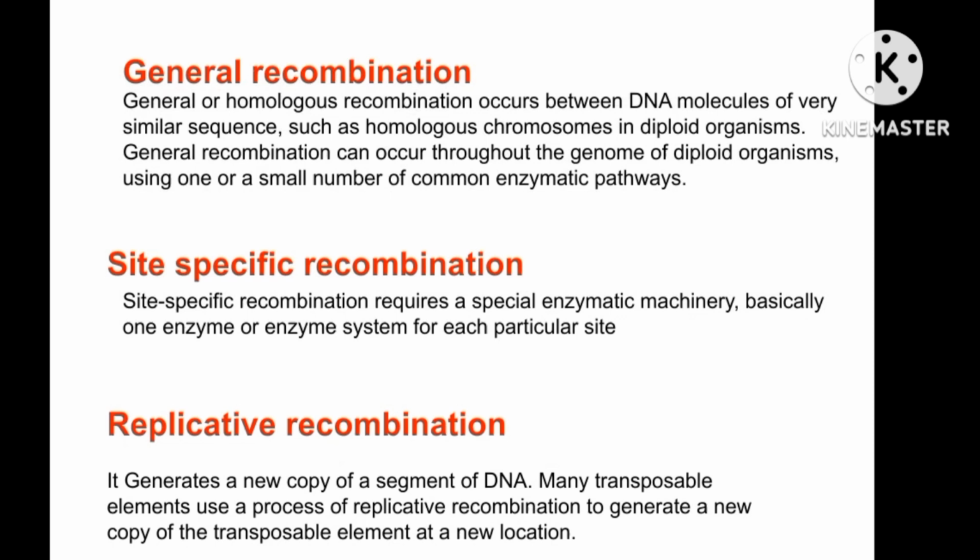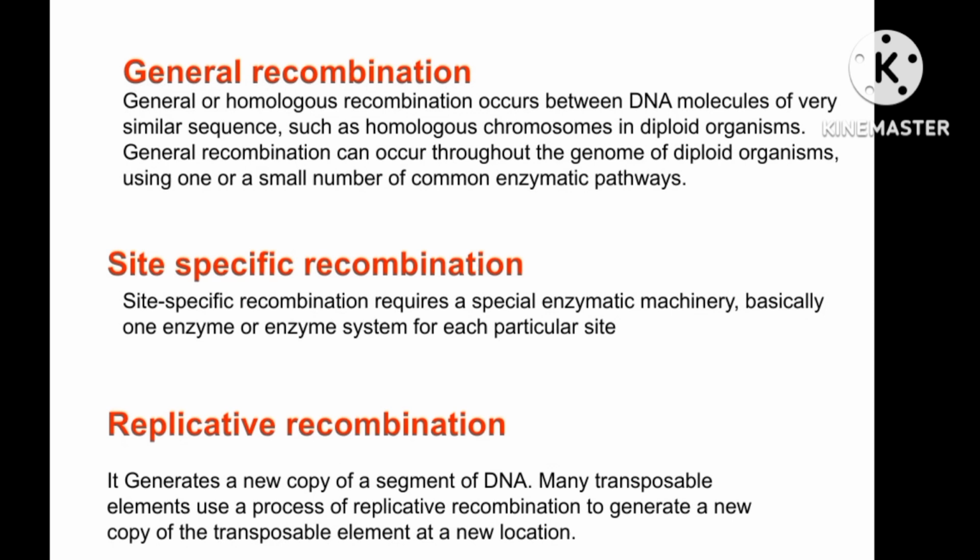Whereas in non-reciprocal general recombination, the transfer of genetic material is only one way. The donor transfers genetic material to the recipient but itself remains unchanged, meaning there is no change in the genetic material of the donor.